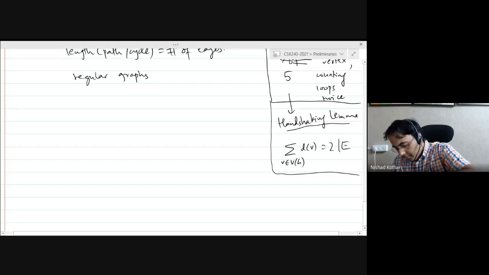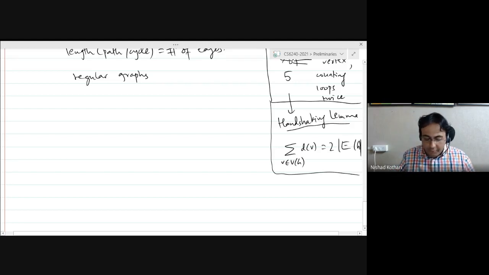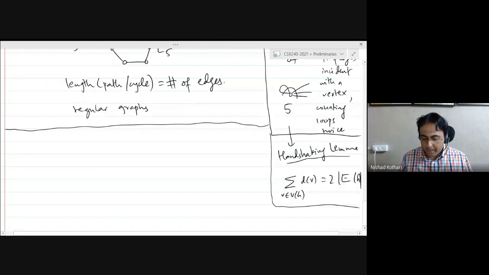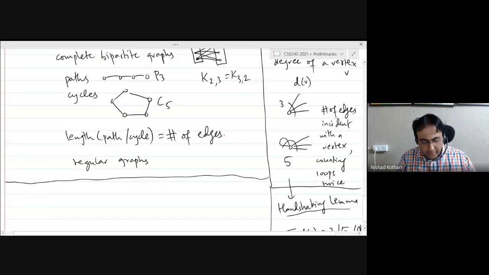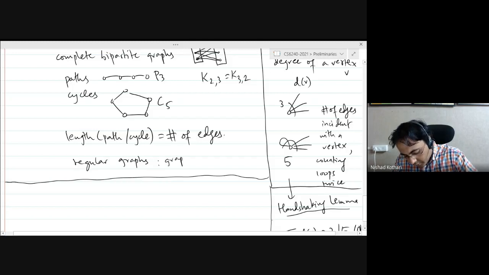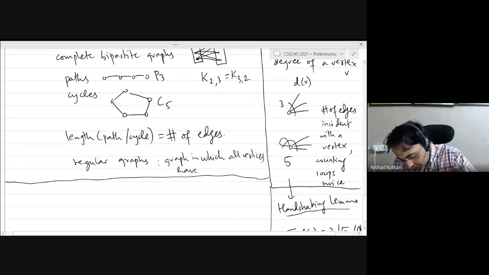It makes sense to count loops twice, otherwise the lemma will not be true. So sometimes you define things based on what nice facts would be true because of that definition. Okay, good. And that brings us to the definition of a regular graph. It is a graph in which all vertices have the same degree.